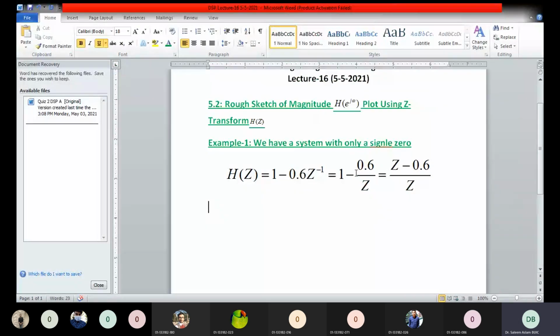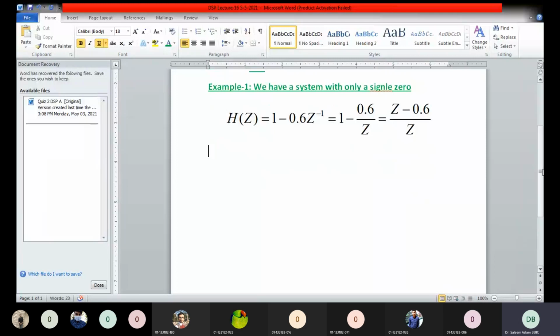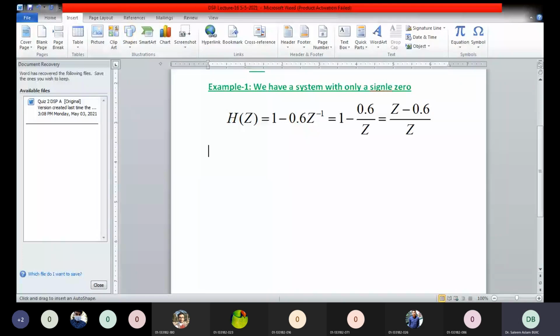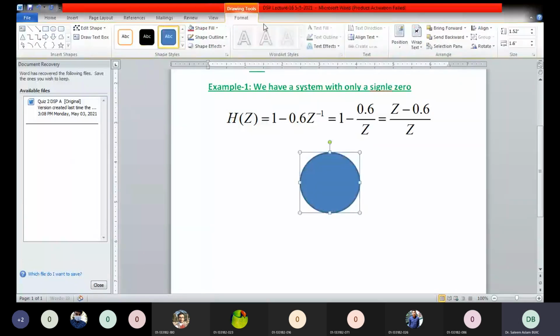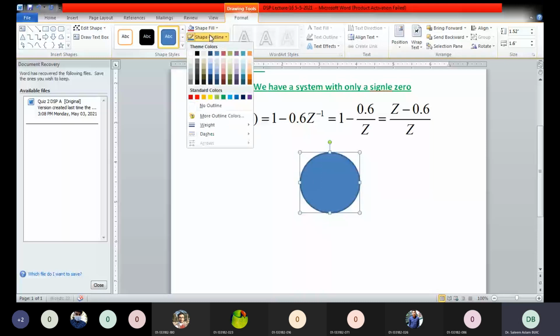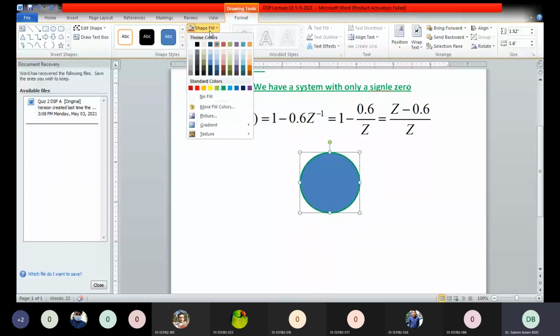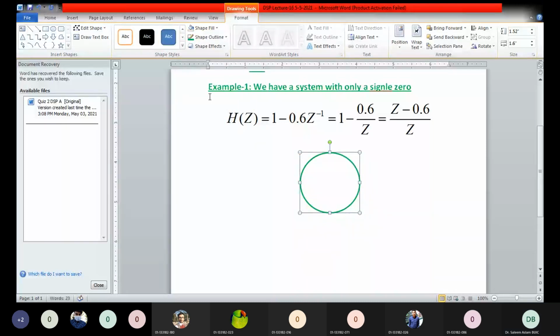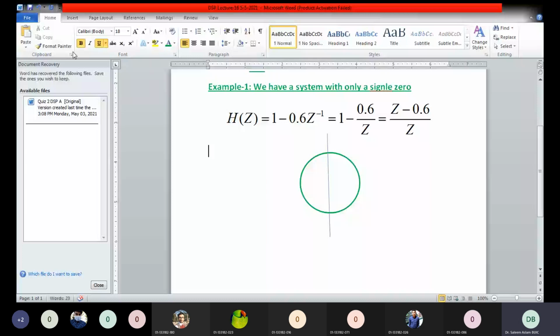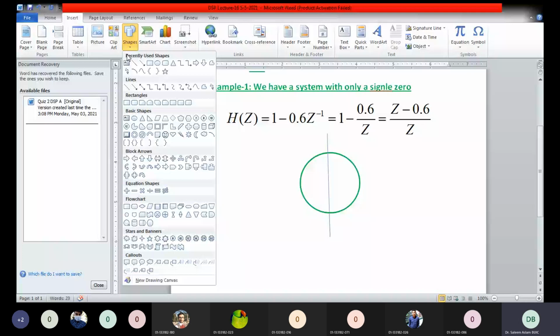So we have this system. Let me draw its pole zero diagram. Let me take a circle from here for better understanding. Make it green, no fill. If this is a unit circle, then our pole will lie at z equal to 0.